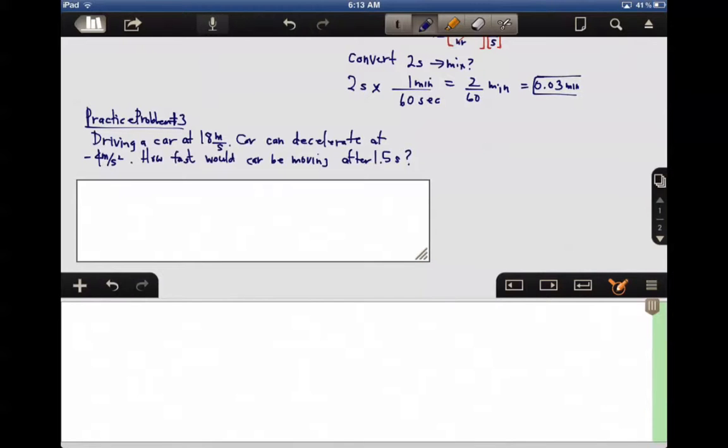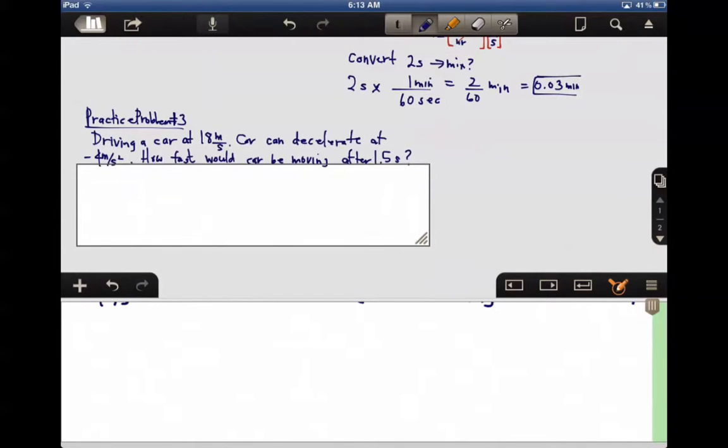Okay. So in this case, our units are all fine. Meters per second, everyone's in meters, everyone's in seconds. The reason I put this on here is I want to make sure you can solve for V2. So V1 is 18. V2 is our unknown.